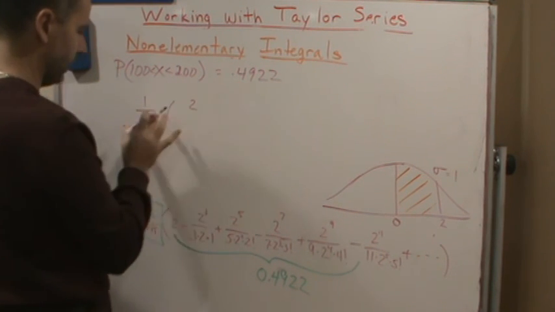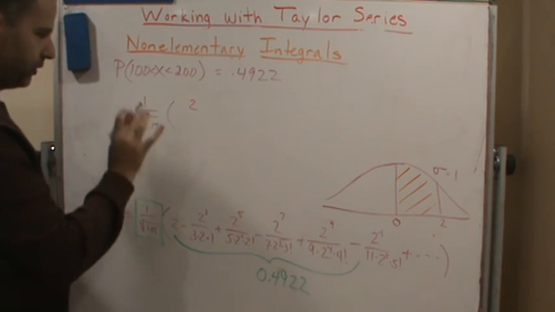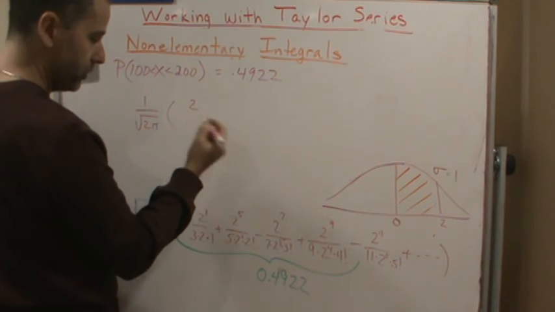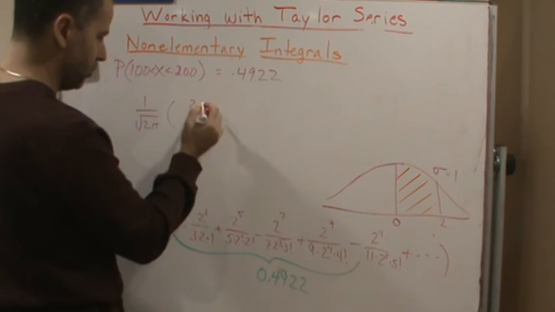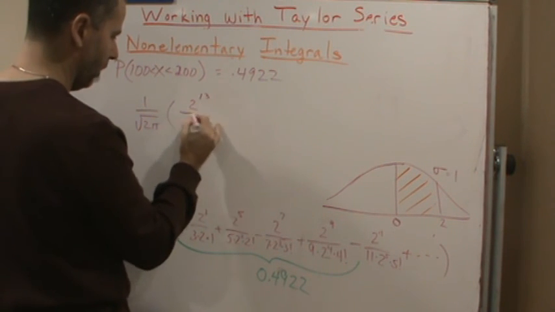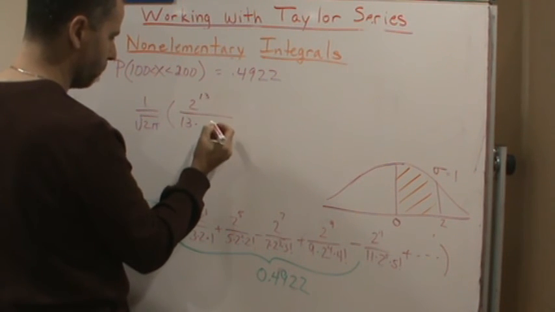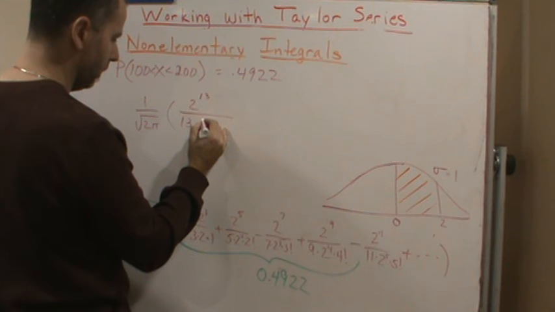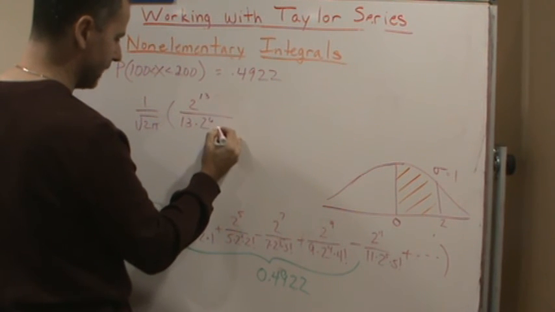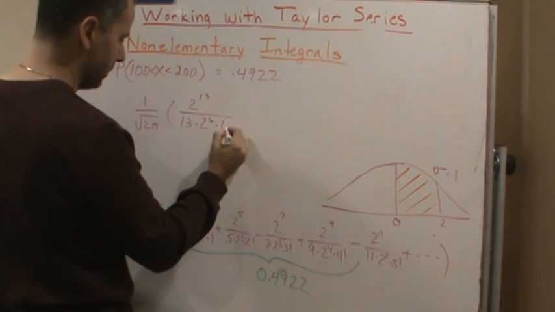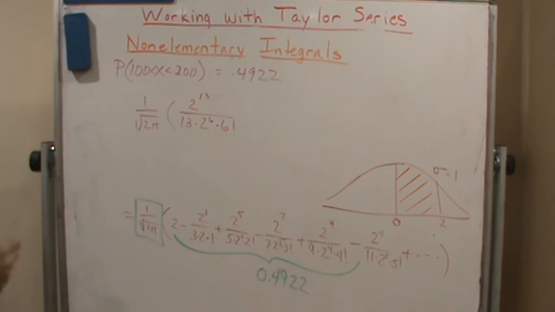This is the probability, and we're going to be accurate within this amount by using the alternating series test. So this is going to be 2 to the 13th over 13 times 2 to the 6th times 6 factorial. That's what it is.